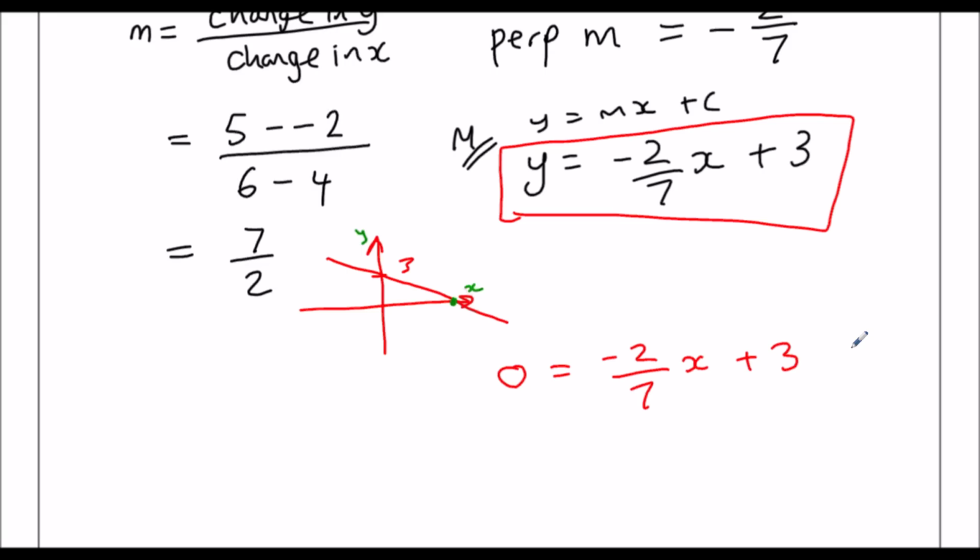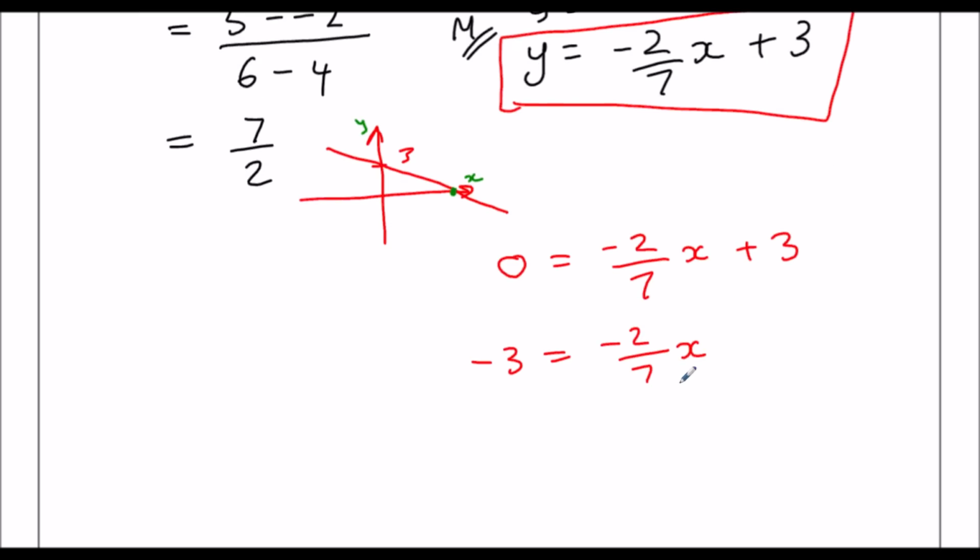So we're solving an equation now. Take away 3 from both sides. Negative 3 is minus 2/7 x. Times both sides by 7. Negative 21 is minus 2x. So we've got x is negative 21 divided by negative 2.